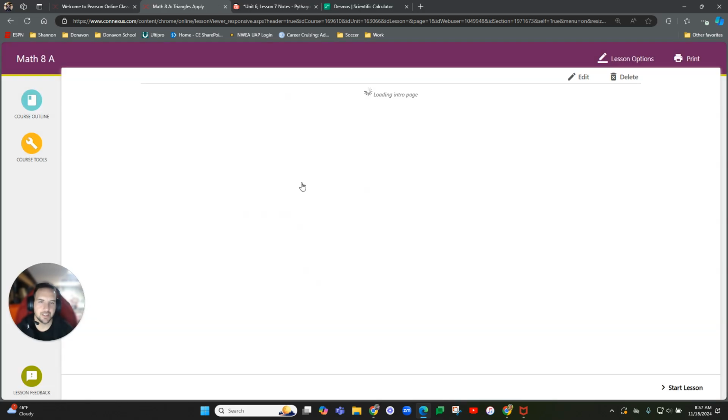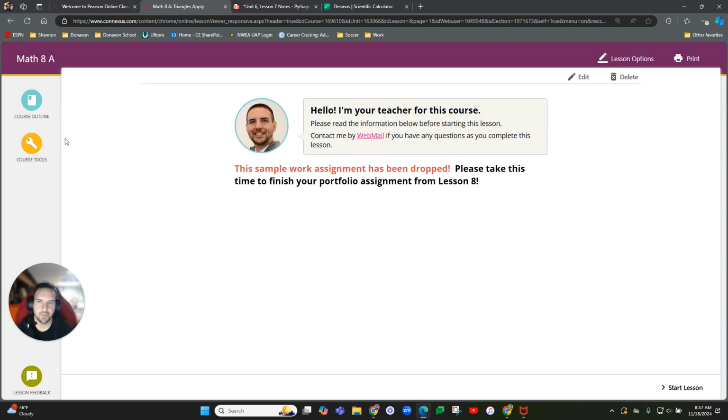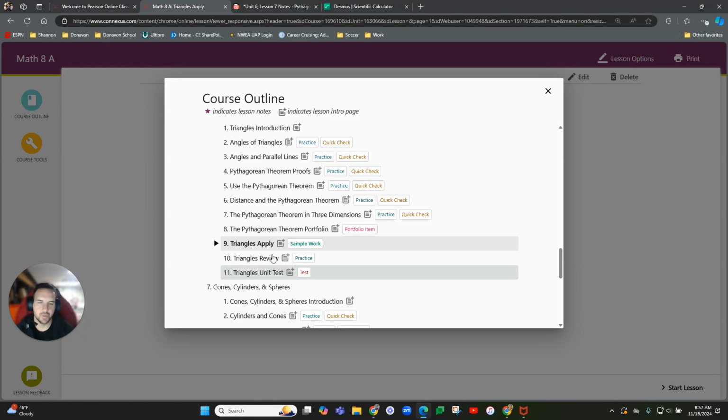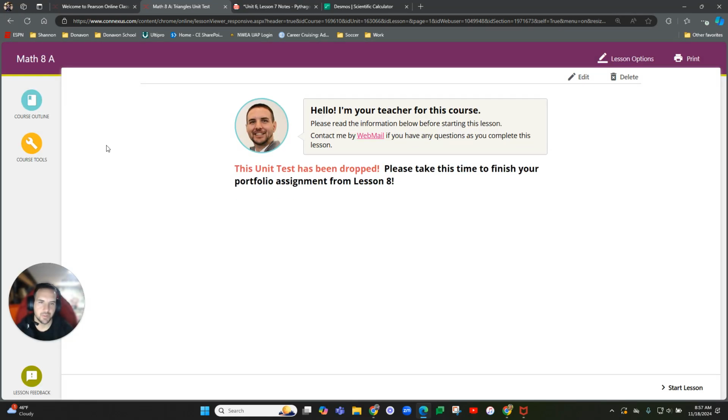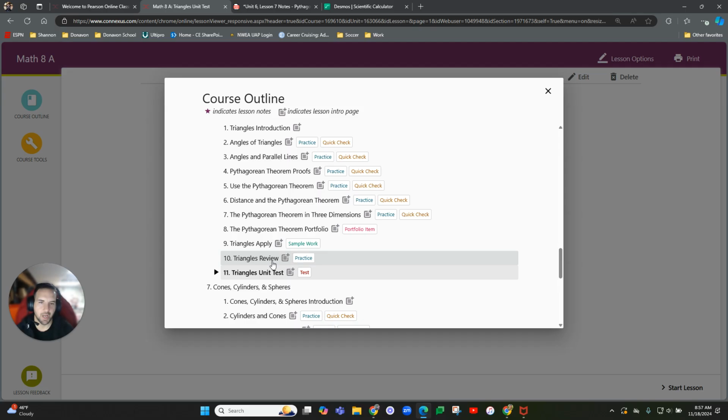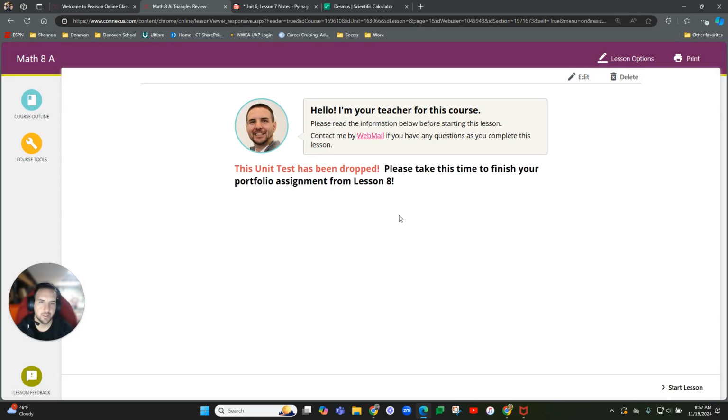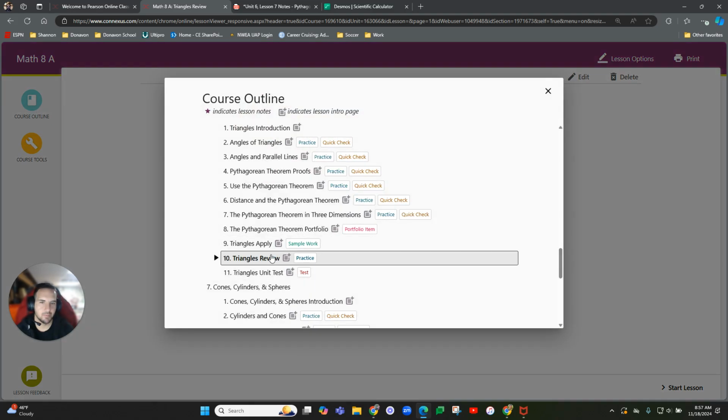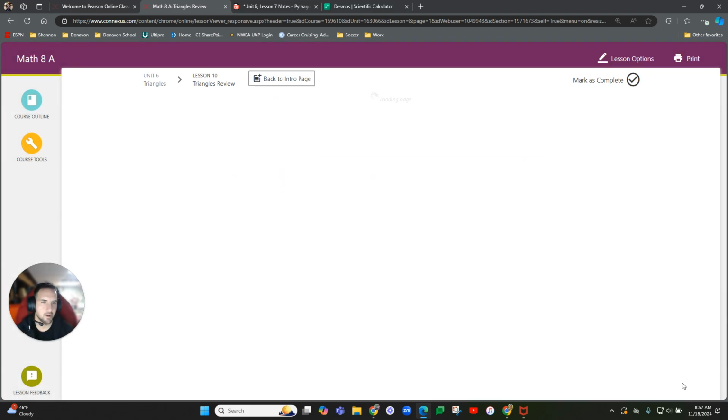And then for lesson 9, the sample work has been dropped, so you don't have to do anything for that one. I've also dropped the test, so whenever we do a portfolio, I drop the test, so there is no test here as well. You will still have to do the practice, though, so that's this one right here. Oh, but hold on, maybe I did drop the practice. Let's see, did I drop it?